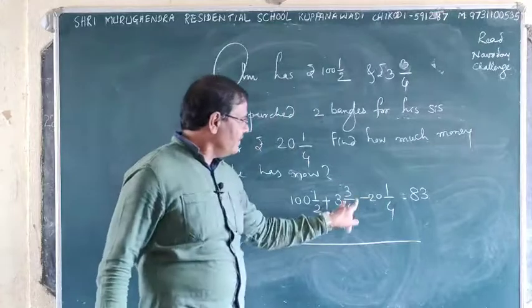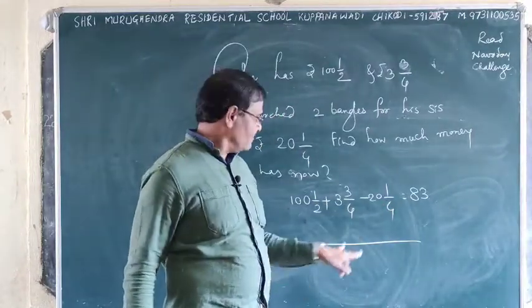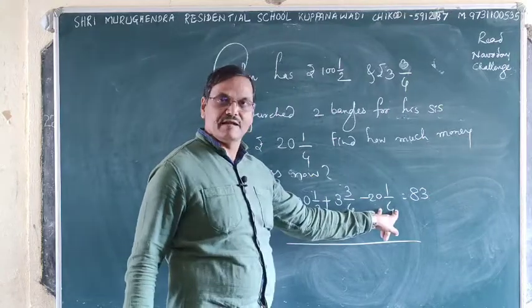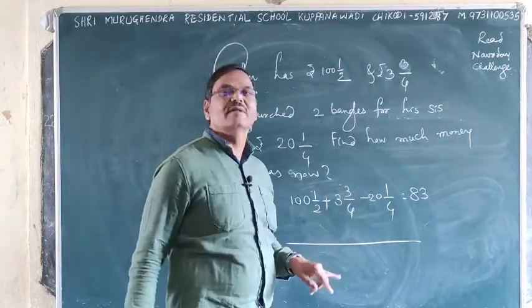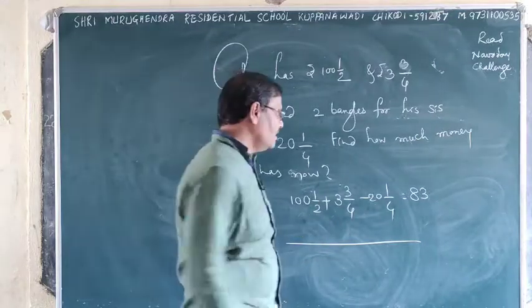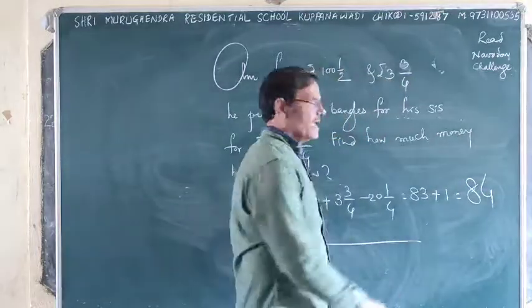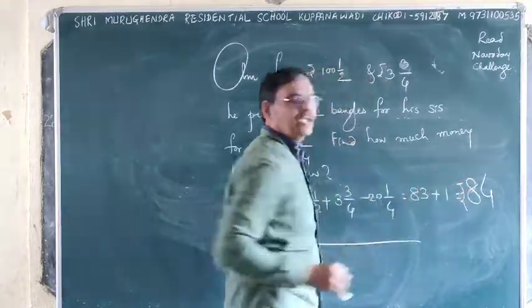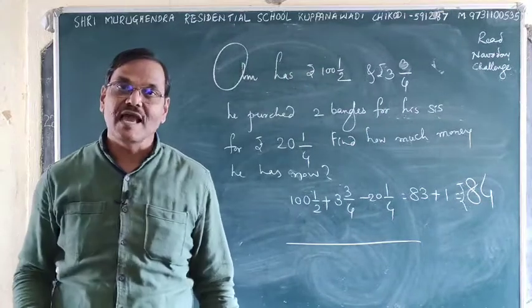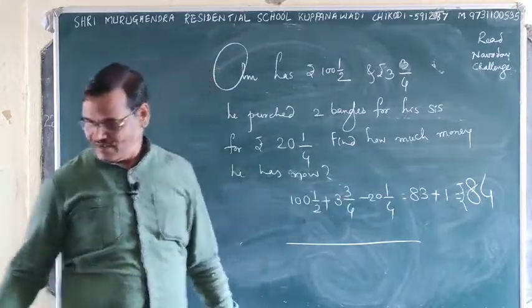See, 3 by 4 will be reduced here. From 3 by 4, if 1 by 4 is reduced, 2 by 4, that is half, will remain. Then half plus half will become 1 plus 1. That is 84 rupees he has now. In his hand, how many rupees does he have? 84 rupees he has. Okay.